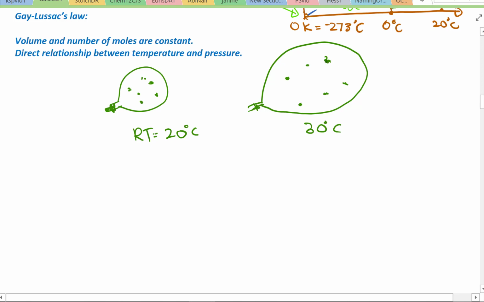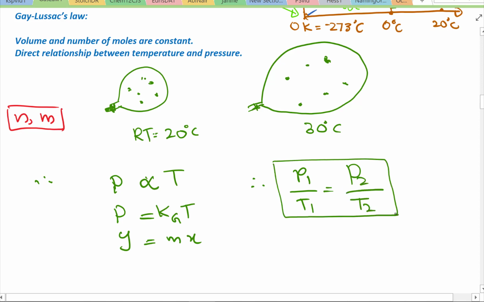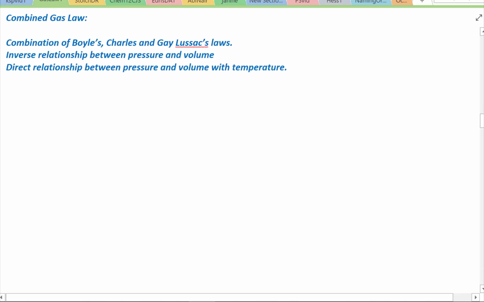So what has happened? The same number of gas molecules, that's the important thing here. If the number of gas molecules, the mass and the number of moles, are constant, then pressure is directly proportional to T, the Kelvin, right? So we can say P equals a Gay-Lussac constant times T, Y is mx. We can also write P1 over T1 is equal to P2 over T2, right?